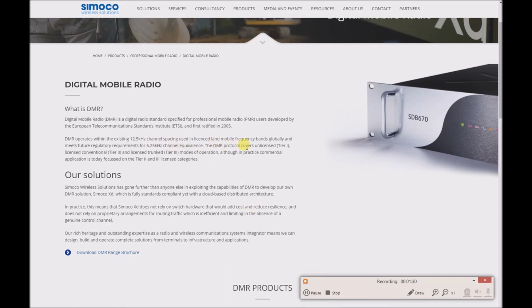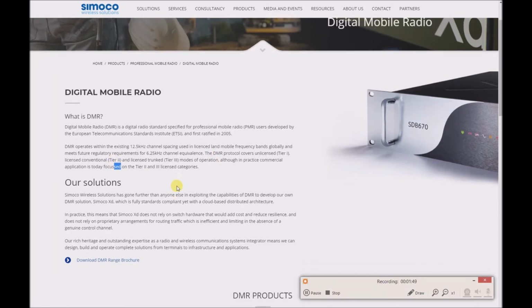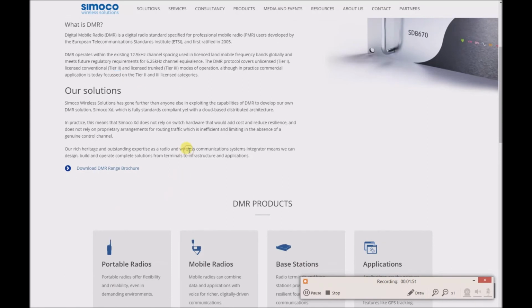The DMR protocol covers unlicensed Tier 1, licensed conventional Tier 2, and licensed trunked Tier 3 modes of operation, although in practice, commercial application is today focused on the Tier 2 and 3 licensed categories. This is a spell check error. Our solutions. Well, I won't read that.